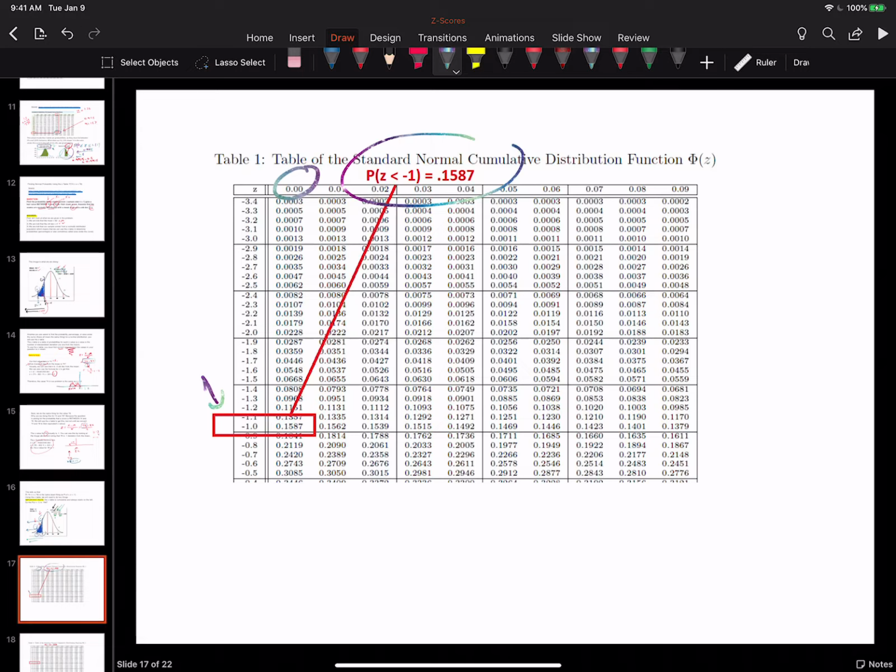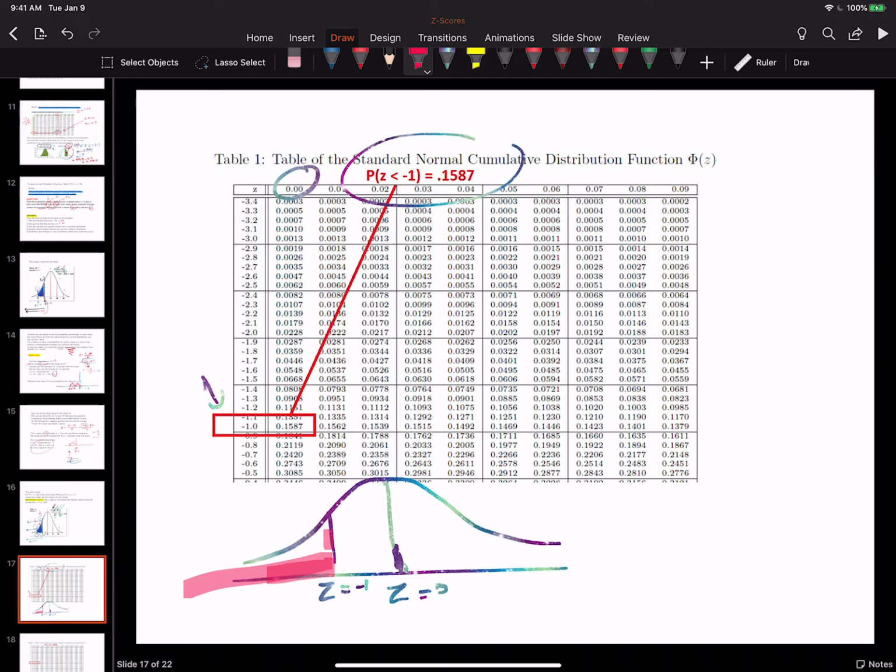So below -1 is 0.1587. This is z equals 0. This is z equals -1. And this portion right here is everything below -1, 0.1587, or differently, 15.87% as a percent.